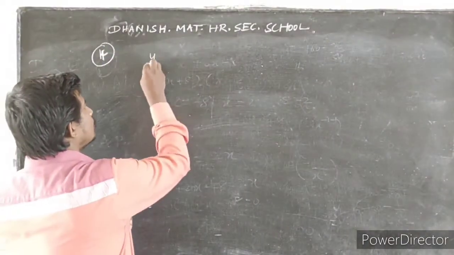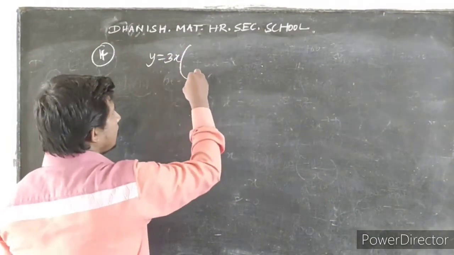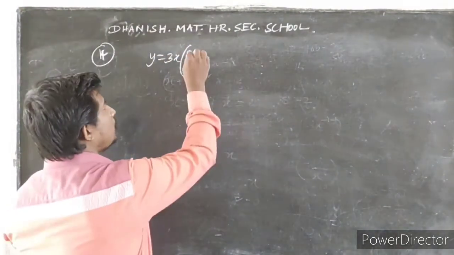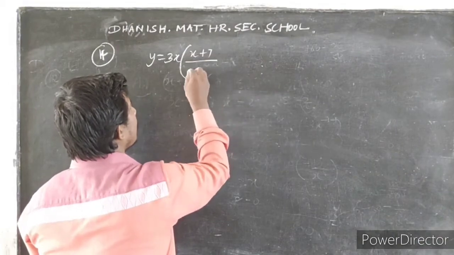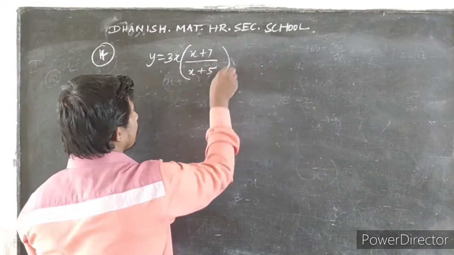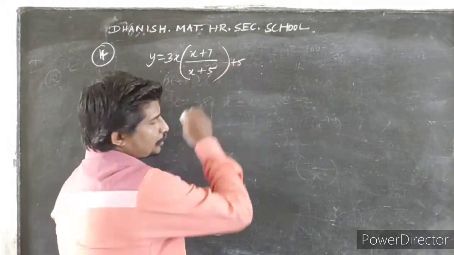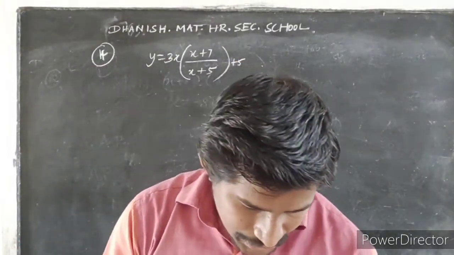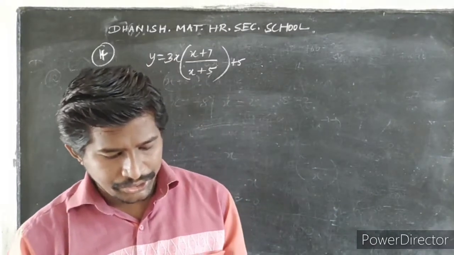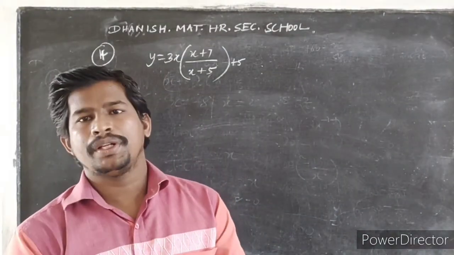y equal to 3x into x plus 7 divided by x plus 5. Show that the marginal cost decreases continuously as the output increases.